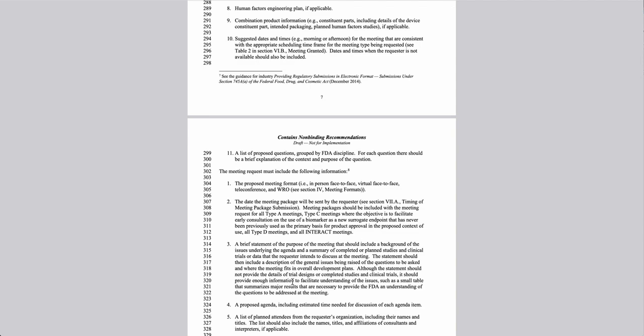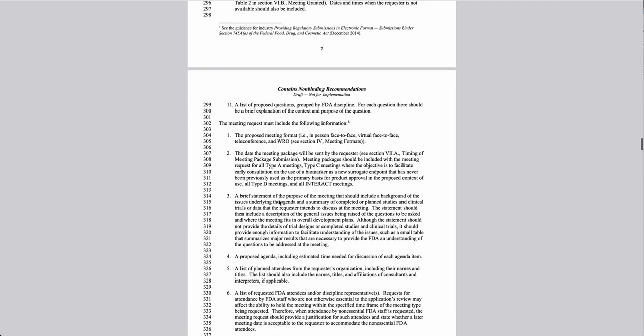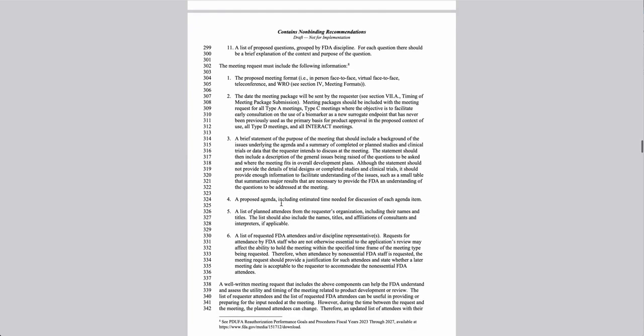So again, I repeat, the proposed meeting format, the date of the meeting, a brief statement of the purpose of the meeting, a proposed agenda, including estimated time needed for discussions of each agenda item. You can also add this in at the beginning of the PowerPoint presentation that we usually prepare in order to go over that in front of FDA officers and reviewers.